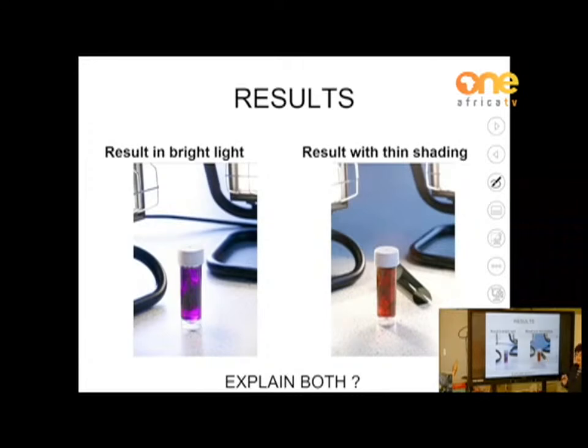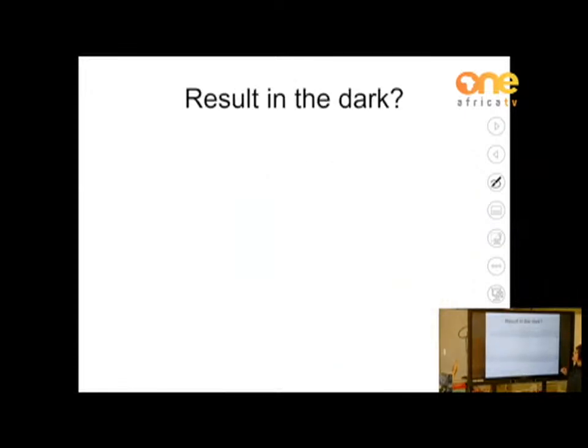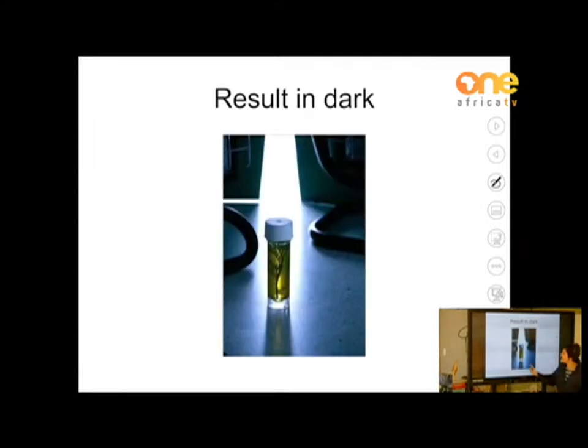This is the result. And what do you think will be the result if it is pitch black dark? Can you guess? Okay. And if you have guessed it will be yellow, that was a good guess. Can you explain why at this stage?